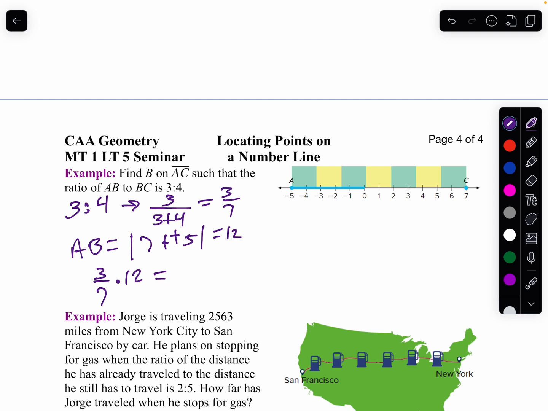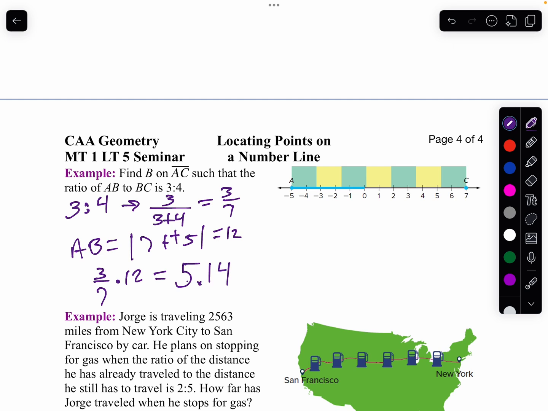Because 7 does not go into 12. So let's do a decimal because we're on the number line. If we take 3/7 and multiply it by 12, I get about 5.14.